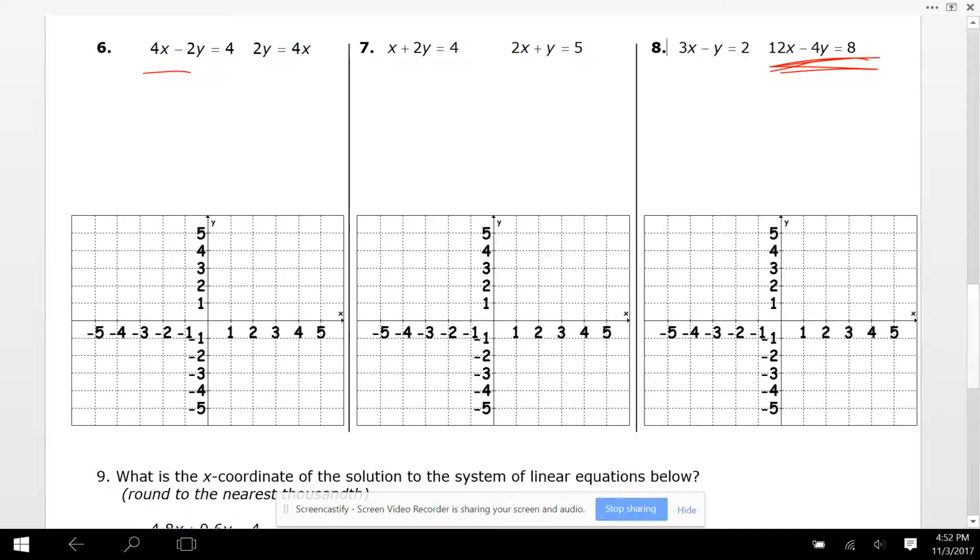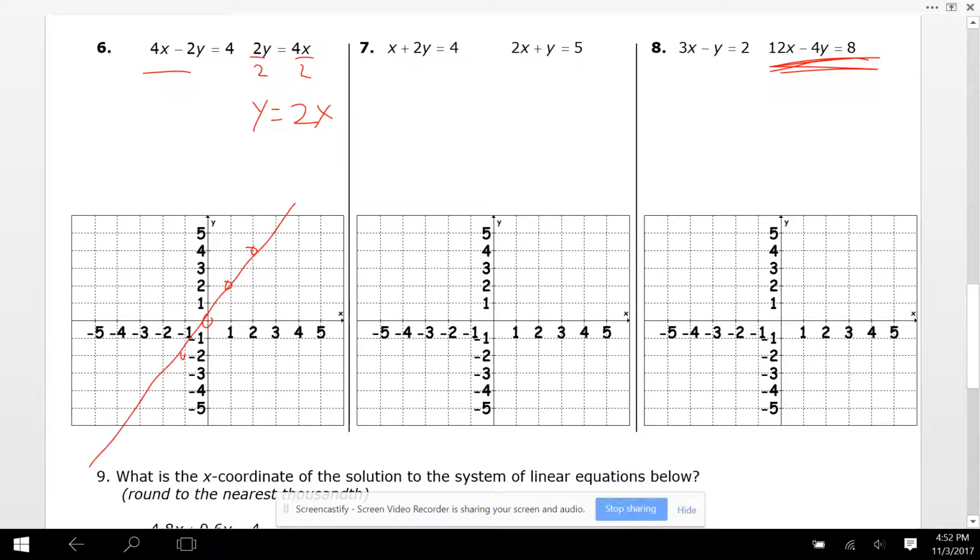We are finding the solutions. We can graph them. First of all, I'm going to divide both those by 2 because that's easy. Y equals 2x. So it starts there, and when x is 1, y is 2. When x is 2, y is 4.